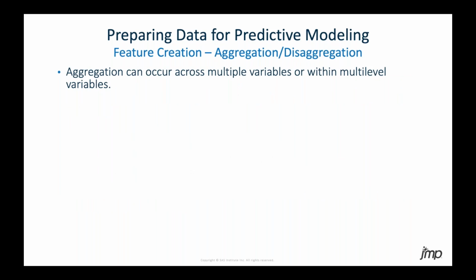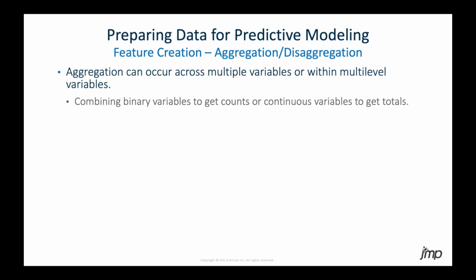So the zip also gives me a good segue in terms of the idea of aggregation. Aggregation occurs when I'm taking either multiple variables and putting them together, or a multi-level variable and trying to reduce the number of levels in the data. One of the advantages of aggregation is that it makes things go faster, which for very large data sets could be helpful. And we saw an example of this previously.